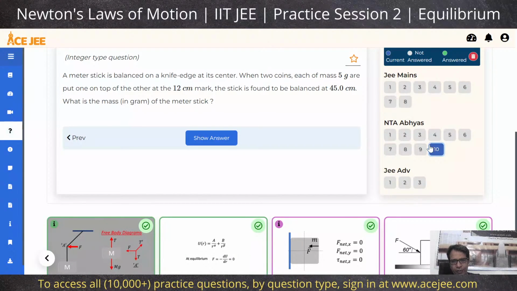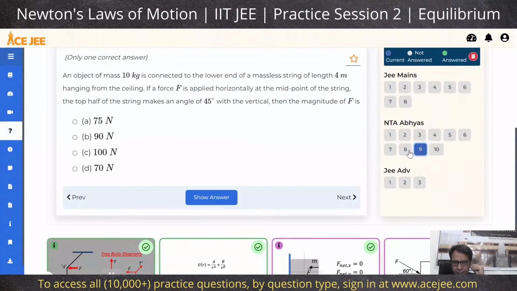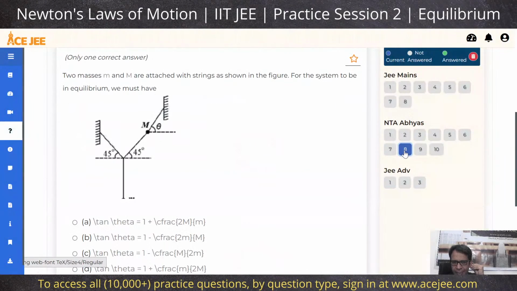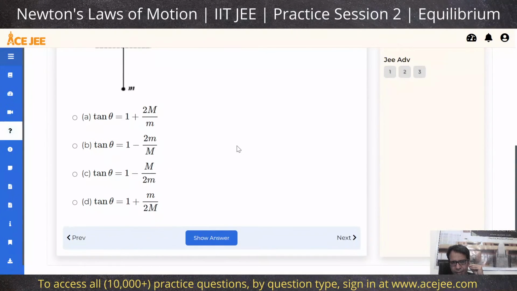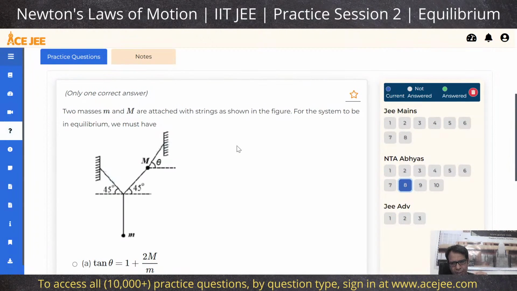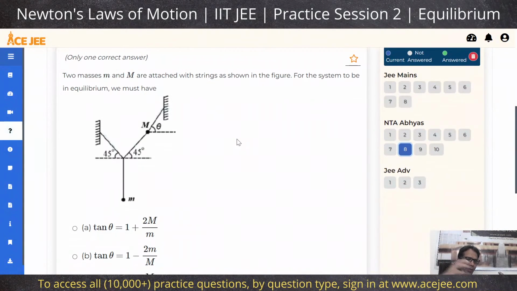Anti-abhyas questions tend to be fairly good as well. Let me see if there's anything with a picture in it. Let's quickly do this one. Chavi, I hope this is helping, beta, because you wanted to understand how to apply the torques and all, right? So let's do this one as well. Hopefully this will help. Assume these strings to be massless.